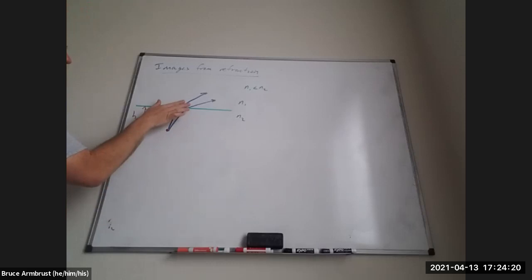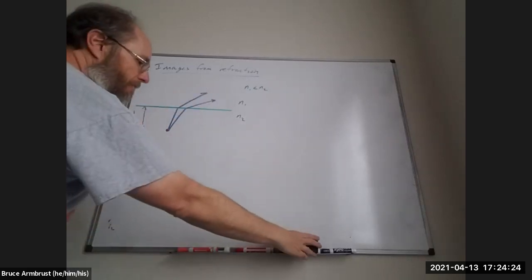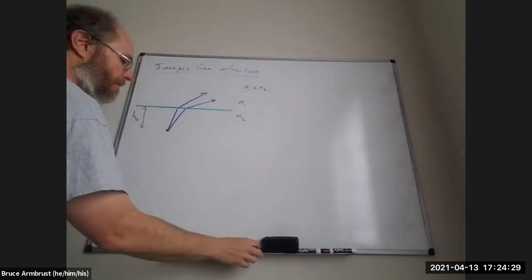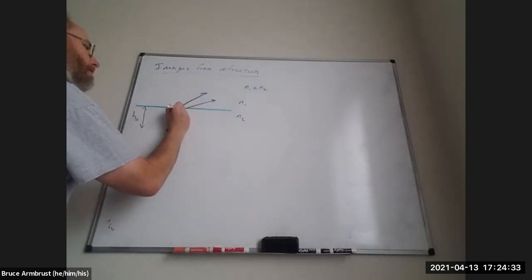Now, notice that those rays are still diverging. So if we backtrack those, if we just follow those backward, this is what our eye would imagine that those rays are coming from.